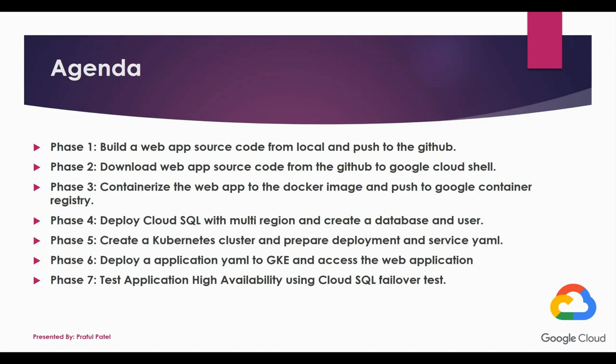Phase 6 will be deploying the application YAML to GKE and accessing the web application from the browser, and we will do the entire testing. Phase 7 is testing application high availability using the Cloud SQL failover test, which I just mentioned. We will fail over one region and start testing on another region. So that is the agenda of phase 7.